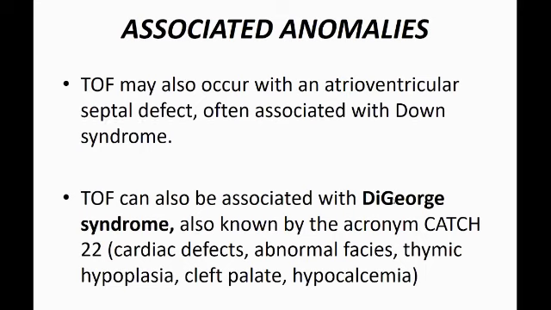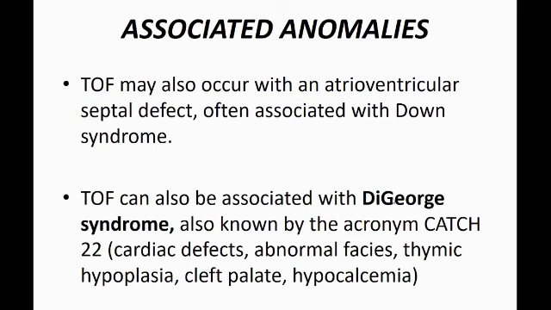Similarly, TOF can also be associated with DiGeorge syndrome, which is also remembered by the acronym CATCH 22: cardiac defects, abnormal facies, thymic hypoplasia, cleft palate, and hypocalcemia. So these are the two common syndromes associated with tetralogy of Fallot, or we can say that these syndromes can have tetralogy.